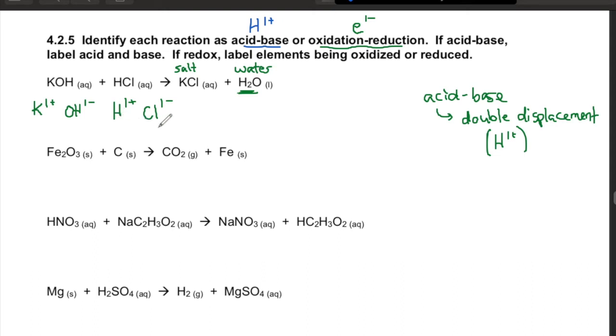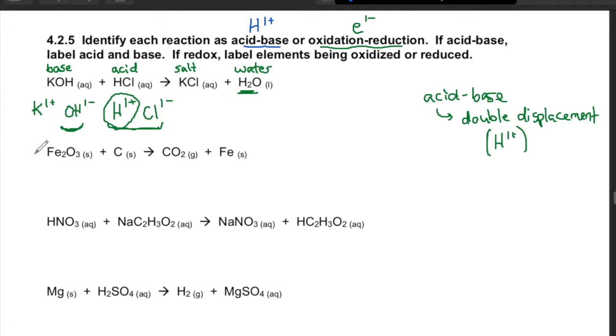The compound that originally had the hydrogen ion and gave it away is this HCl, which is hydrochloric acid. This is an acid. The compound that accepted the hydrogen ion, or the one that gained the hydrogen ion, is this hydroxide containing compound. So this is our base. So this is an acid-base reaction, a double displacement where one of the partners being swapped is this hydrogen ion.